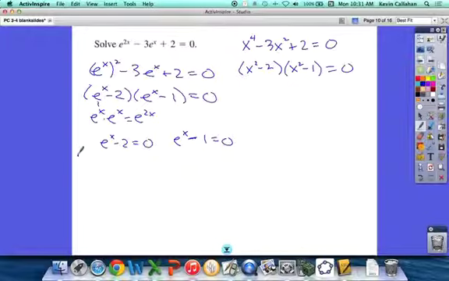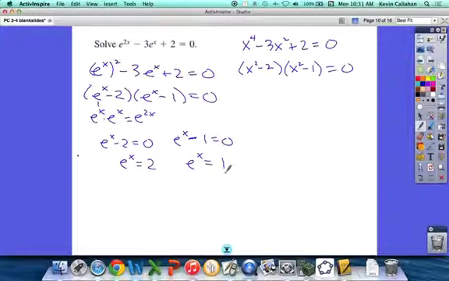So we now solve each one of those like we've already been solving. Add 2, add 1. So we've isolated the exponential. Then we take a log of both sides, right?